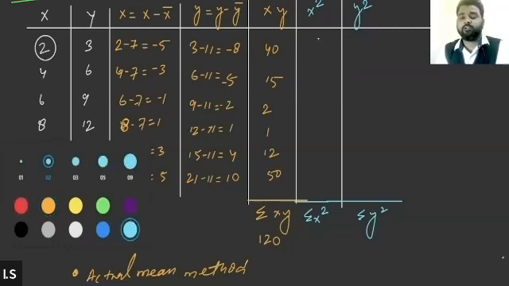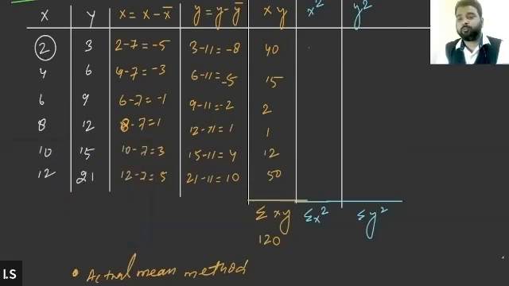And similarly, we will now square the deviation of x. Square of 5 will be 25. Then square of 3 will be 9. Square of 1 will be 1. 1 square 1, 3 square 9, and square of 5 will be 25. Now we will total the squares of the deviation of x as well. So it will be 70.